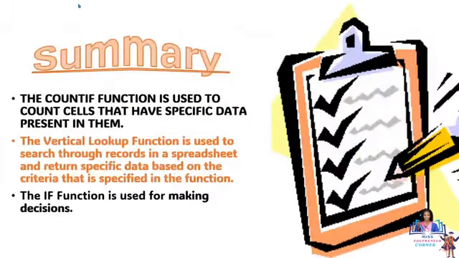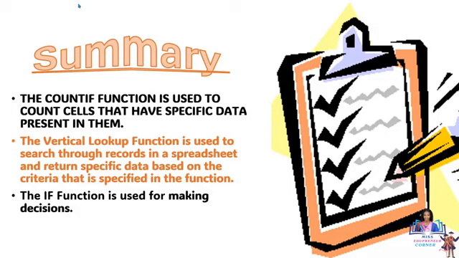So here's a little summary. The COUNTIF function is used to count cells that have specific data present in them. So remember the one where we wanted to count how many persons had the surname Brown inside the class or in the list? The vertical lookup function is used to search through records in a spreadsheet and return specific data based on the criteria that is specified in the function.